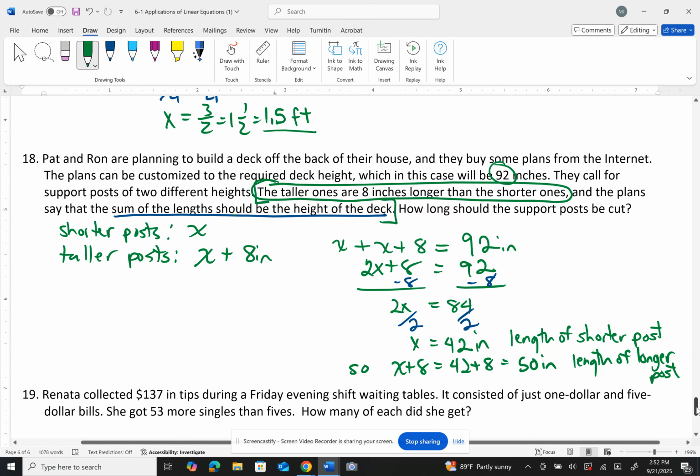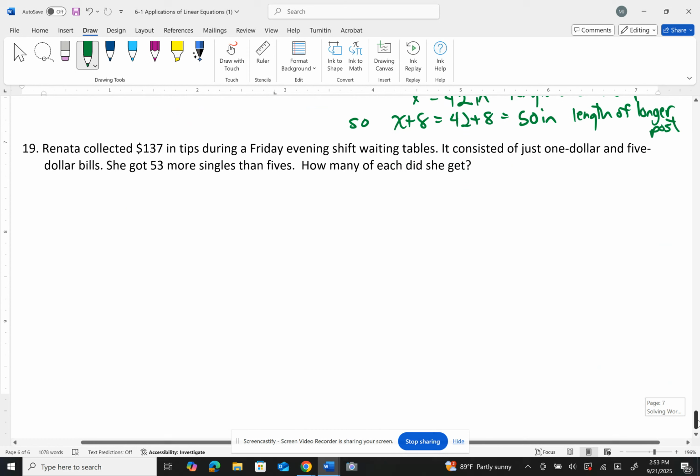All right, now the last problem I'm going to do with you is a style of problem that we did something similar to using trial and error. So here we know that this person collected $137 worth of tips, waiting tables. And the tips consisted of just either $1 bills or $5 bills.